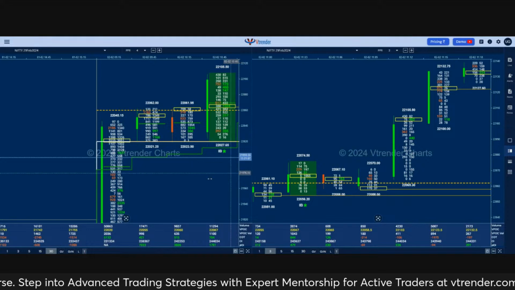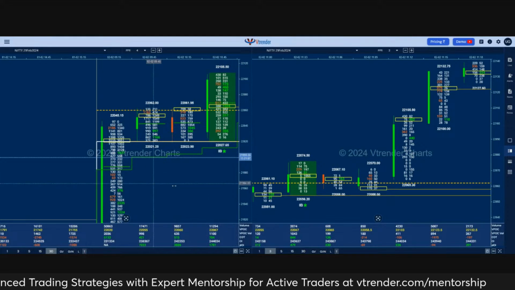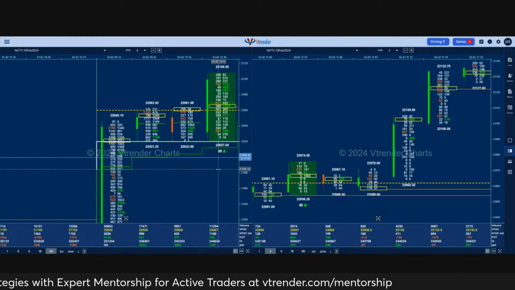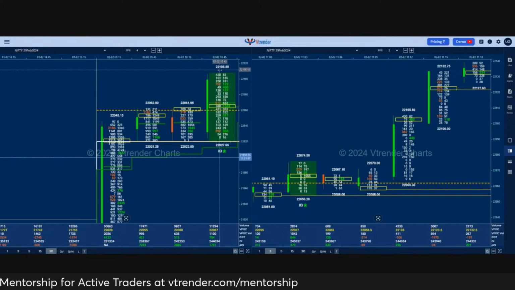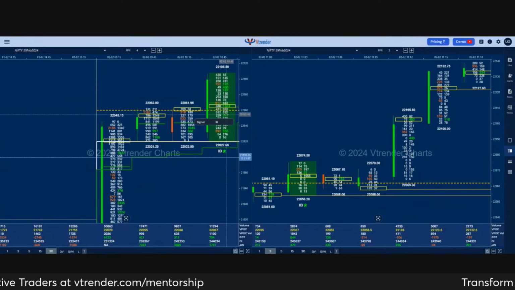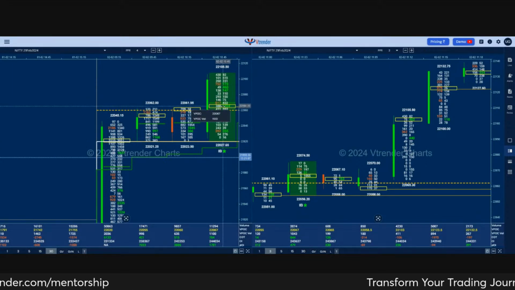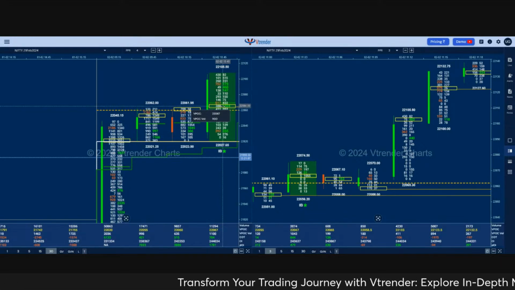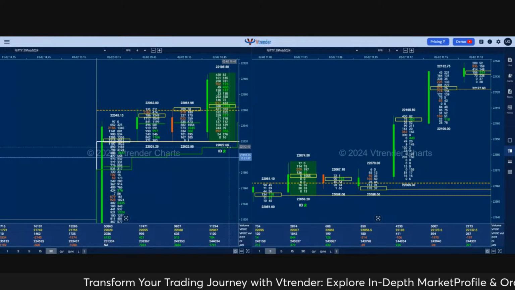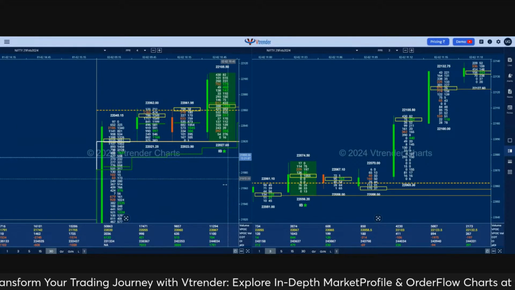So as I said, once you get an initiative signal, you take the references of that signal as your trailing stop loss. So once we got an IB in the D, because we are already in a long position, we can shift our trailing stop loss to this 22067, which is the POC of this bar. VWAP was also around a similar level.